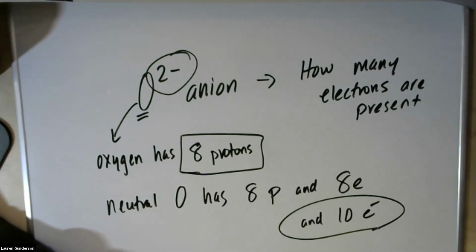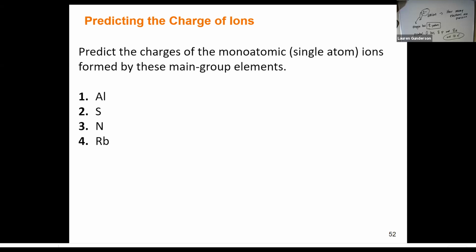Okay, so this next question is asking us to look at our periodic table and to predict the charges of the ions that would be formed by the main group elements here. So we have aluminum, sulfur, nitrogen, and rubidium.